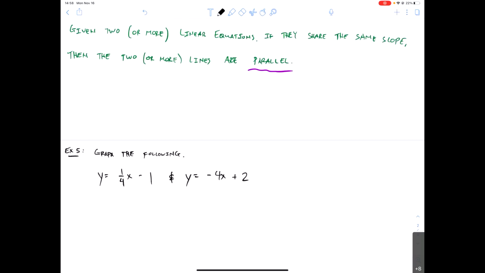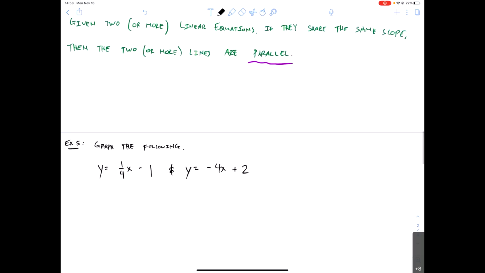You don't have to do much manipulation there. Is it okay if I scroll down, well, better yet, is anyone still writing the green text about parallel lines? Okay, I'm going to take that as a no.